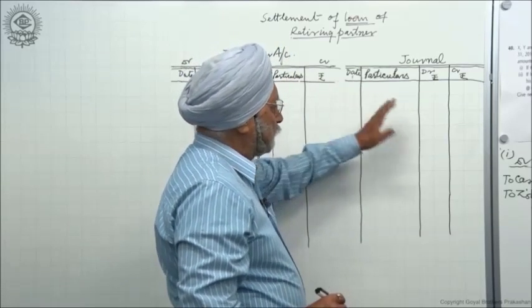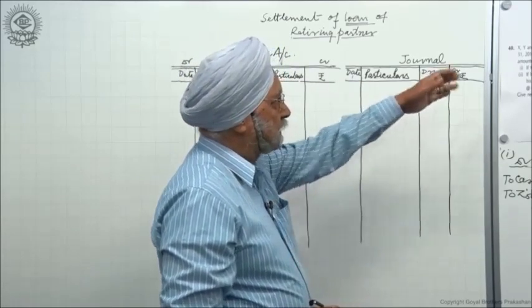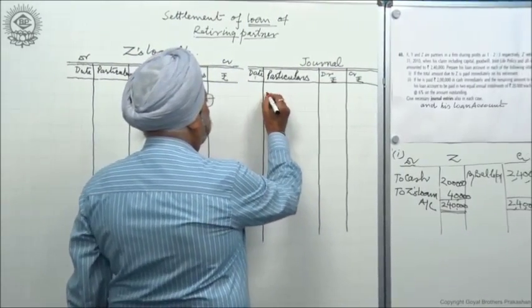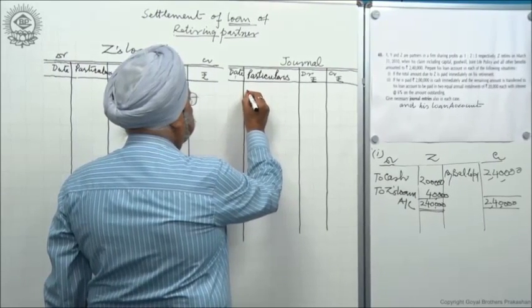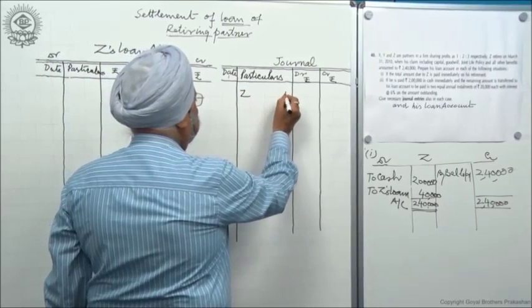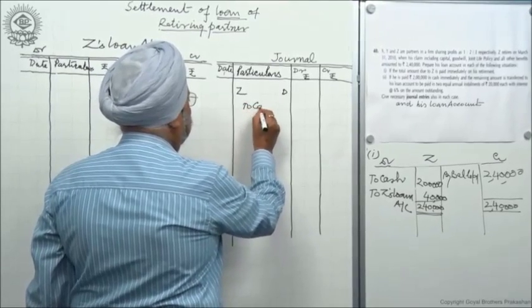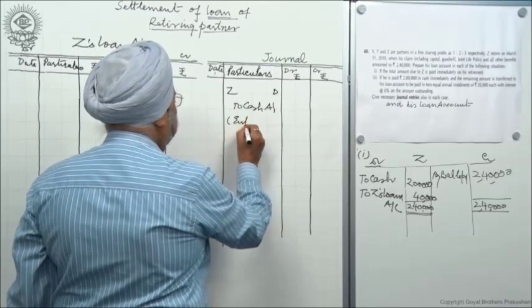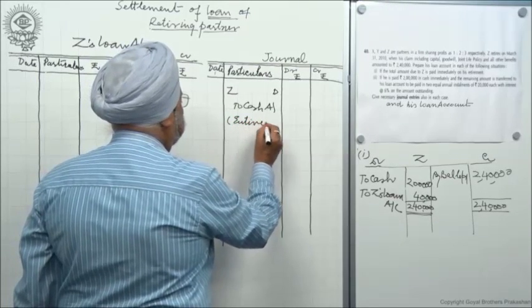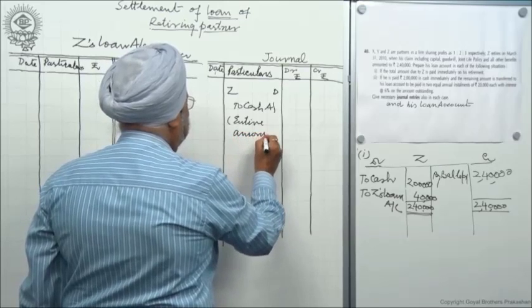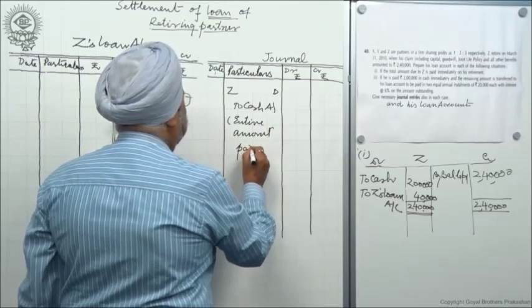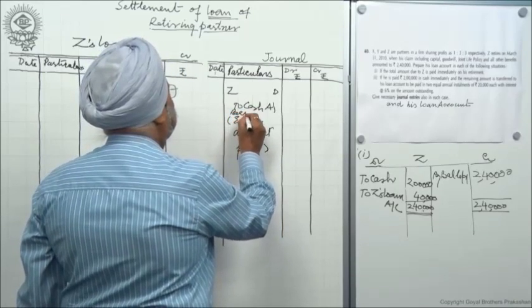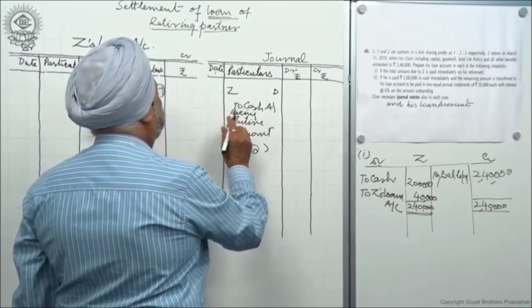Before I go there, here is the journal for this, because they have asked for the journal also. In the first case, when the entire amount is paid, it is Z debit to cash or bank, being entire amount paid.